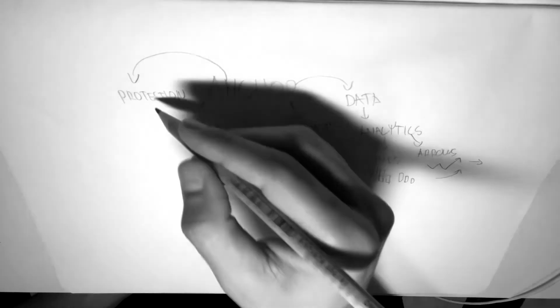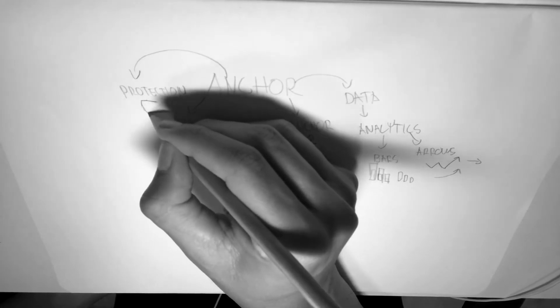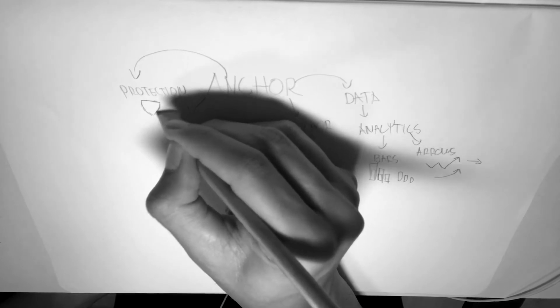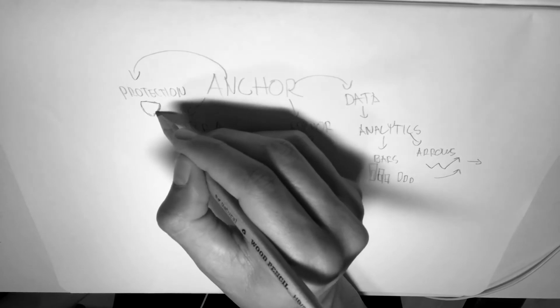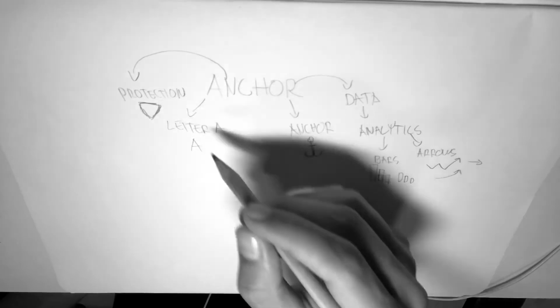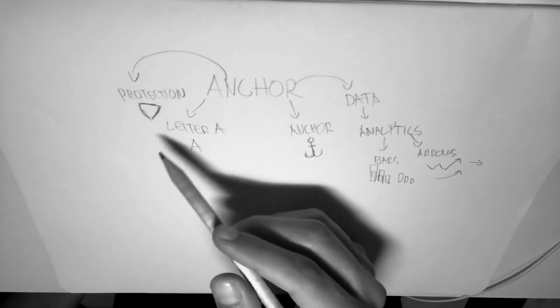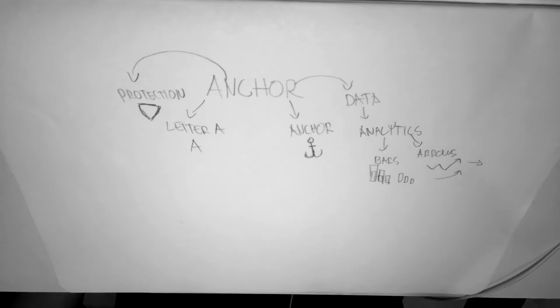What else do we have? In protection we have the shield. We have different types of shields, we're just drawing the most simple one, the most memorable one, the shield crest. What else do we have?